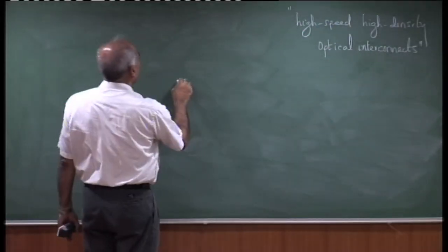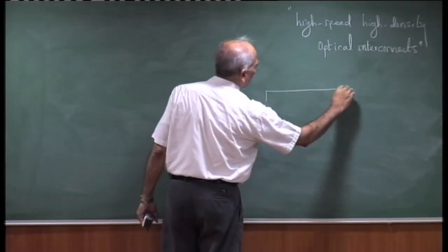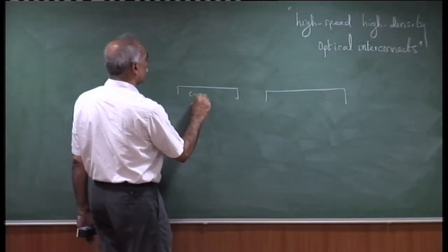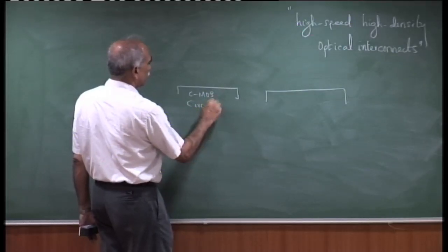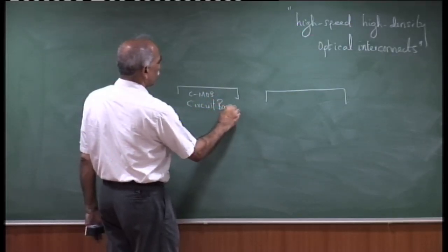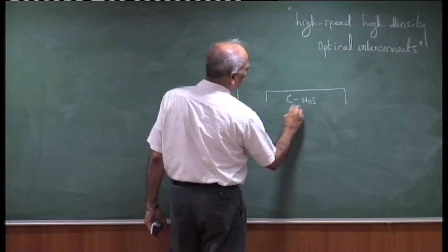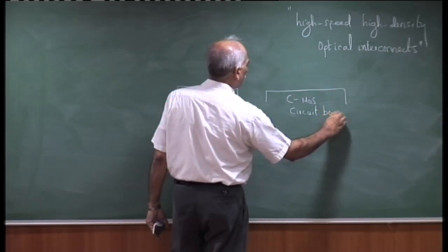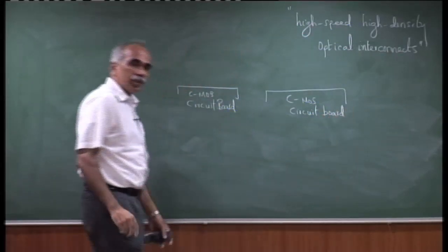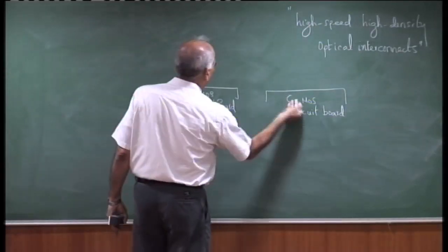That is, you have a CMOS circuit board here and another CMOS circuit board there. Very high speed electronics, gigabit data speed electronics.